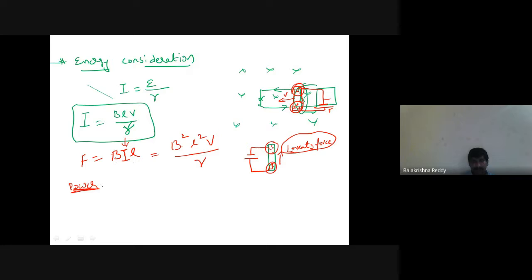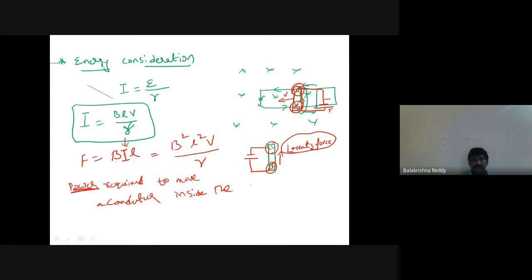This power is required to move the conductor inside the magnetic field.